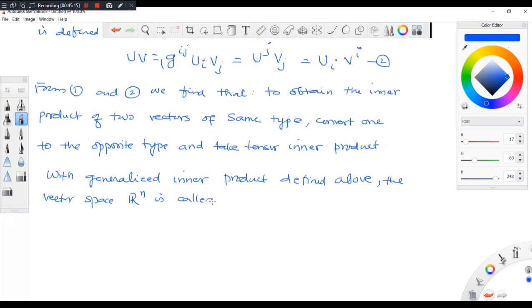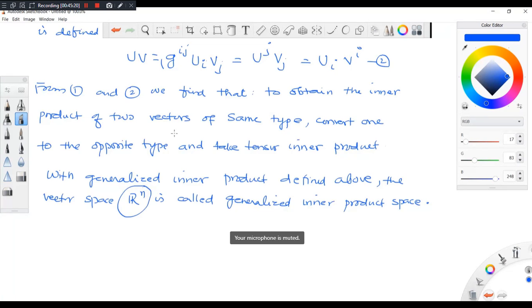Okay, so Rn with this kind of inner product, you call it a generalized inner product space. So Rn with the dot product etc. which you define, you call it a vector space.